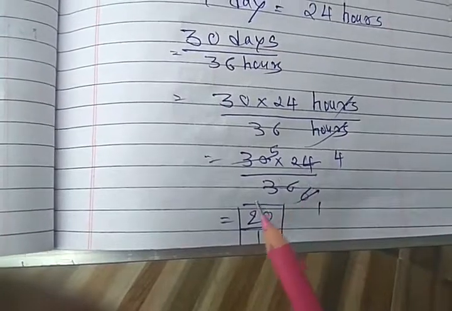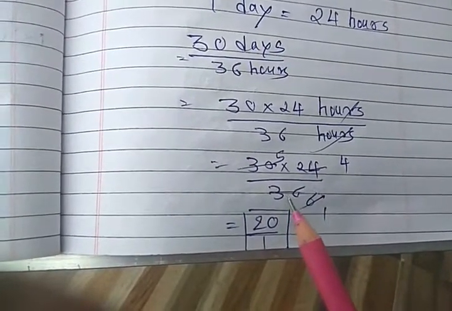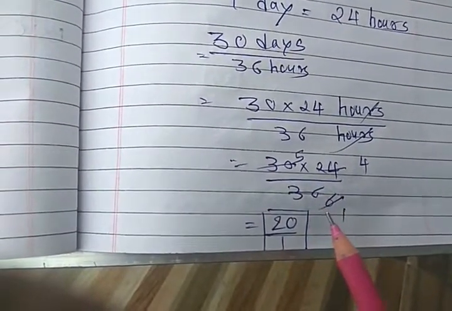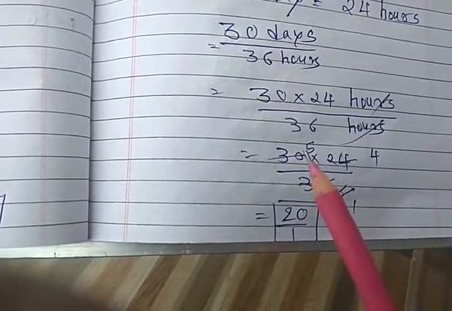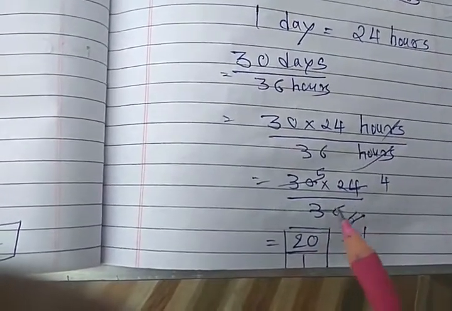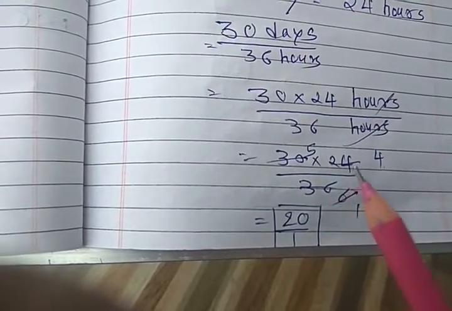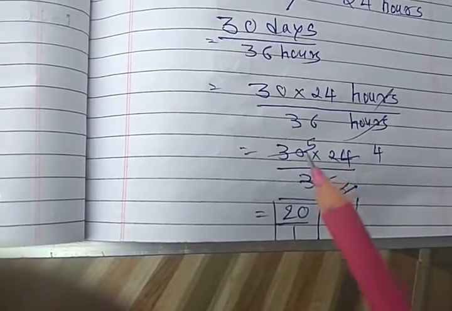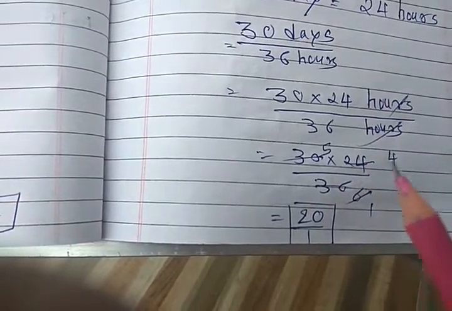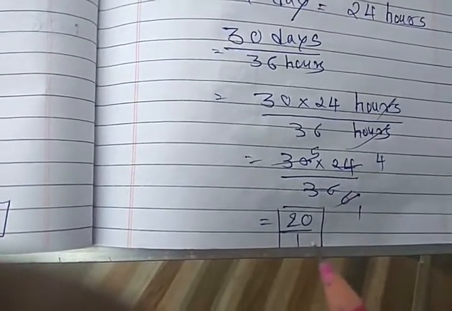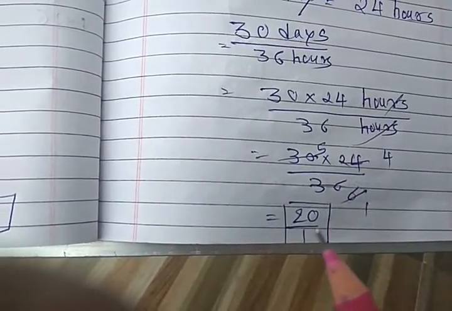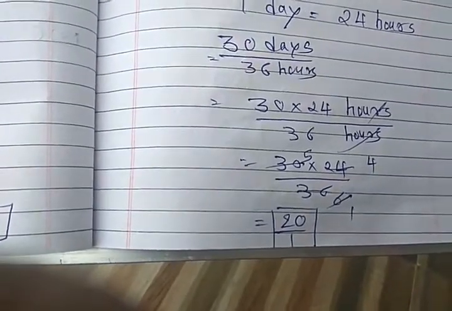Here you see that 6 6s are 36 and 6 5s are 30. Now the cancellation is over. So the remaining part is 5 4s in numerator, 5 4s are 20, and in denominator nothing is there, means 1 is there. So 20 is to 1, it is the answer.